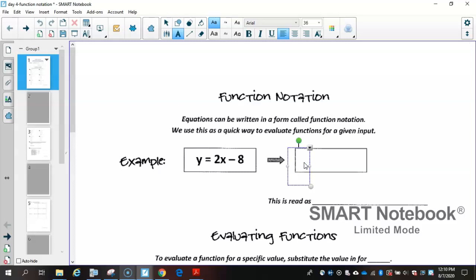So instead of y in these equations, you're going to have f of x equals, and then your equation.